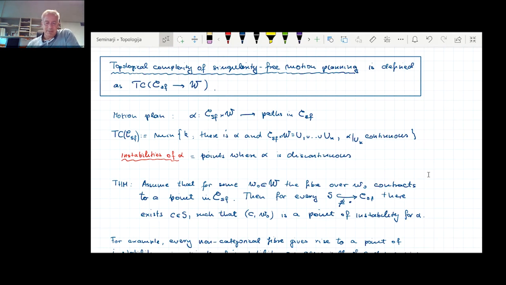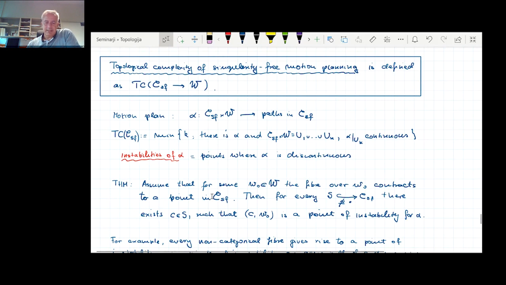So I was able to prove this theorem. First of all, the assumption is that for some position W0 in the workspace, the fiber, so the set of all positions which correspond to this W0, contracts to a point within the singularity-free configuration space.